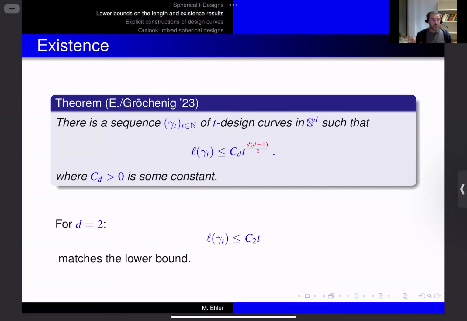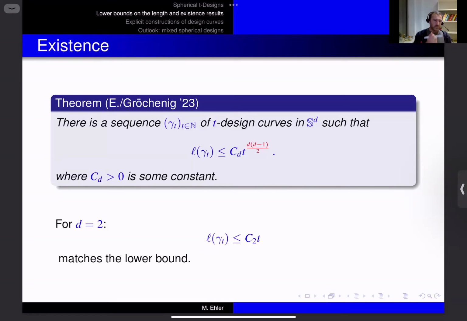Which is, of course, not quite optimal because we know we are really looking for t to the d minus 1. But on the other hand, in case d equals 2, the d half cancels. And we do have a constant times t to the 2 minus 1. So that means in case d equals 2, we do match the lower bound on the length.